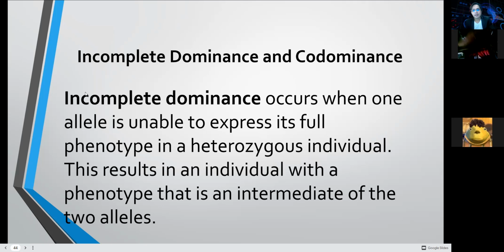Again, incomplete dominance occurs when one allele is unable to express its full phenotype, meaning its full expression of a particular gene or genotype, in a heterozygous individual. This results in an individual with a phenotype that is an intermediate of the two alleles, meaning at the center of the two alleles.